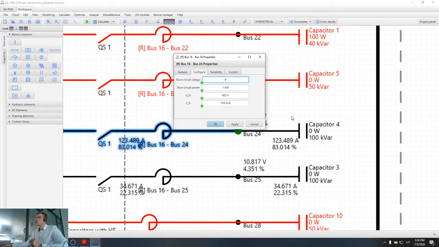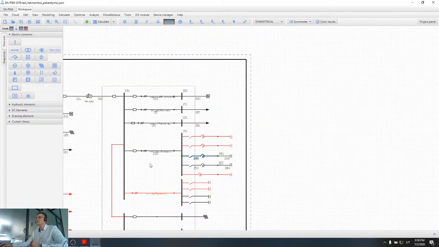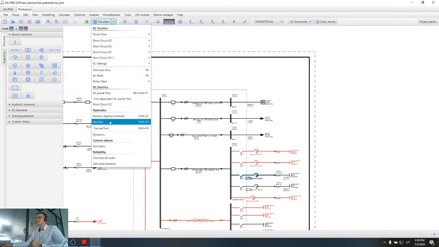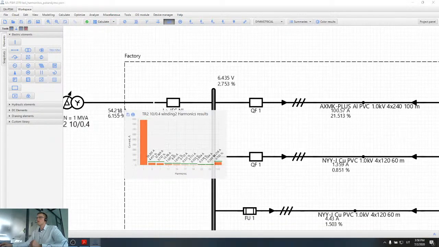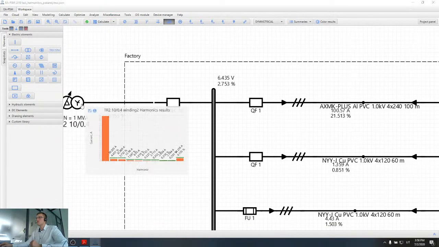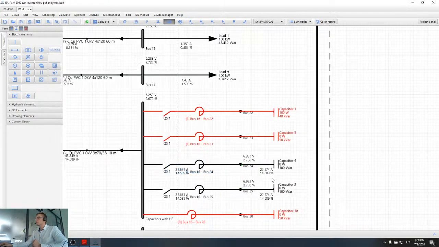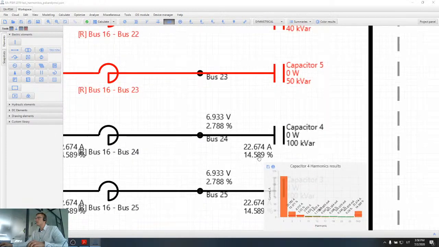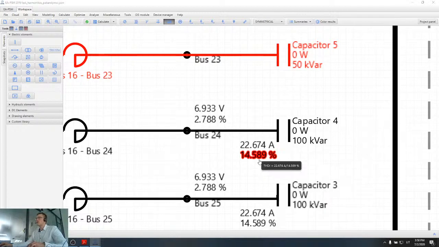Our goal is to select the impedance which will be enough to reduce harmonic currents within the permissible limits. So we have to reduce them so that all the harmonics are inside the permissible limits, and also harmonic currents that are flowing through the capacitors should not exceed the permissible limit set by the manufacturer.